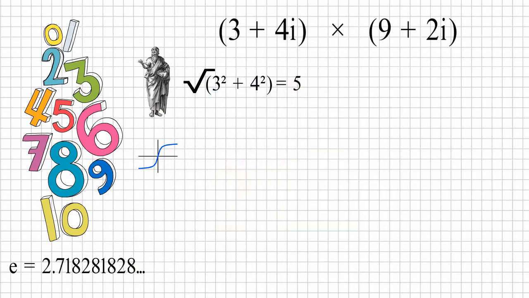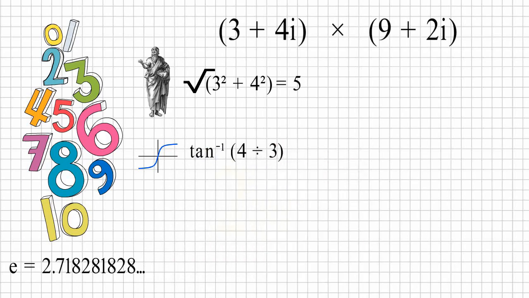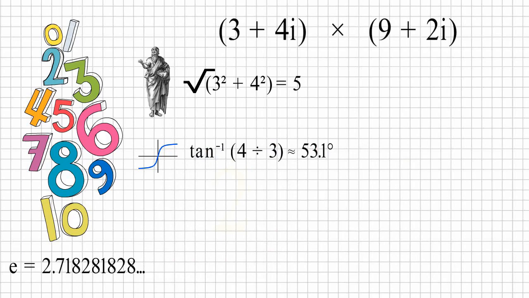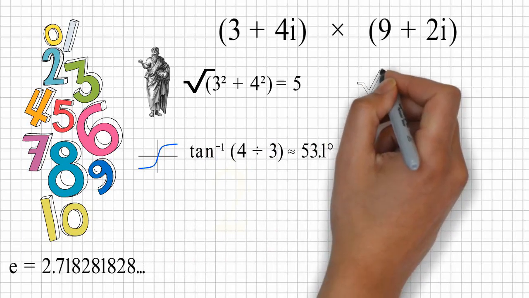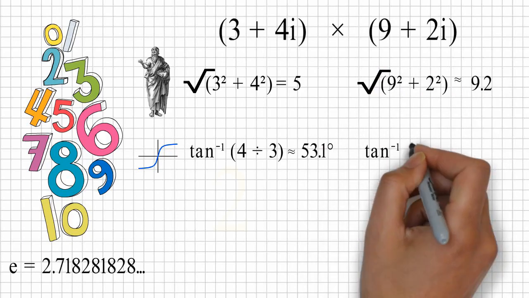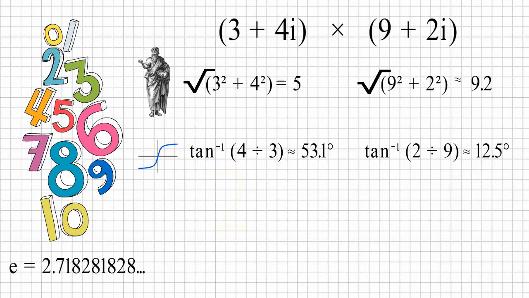The inverse tangent rule gives us inverse tan of 4 divided by 3 is roughly equal to 53.1 degrees. For 9 plus 2i, Pythagoras gives us the root of 9 squared plus 2 squared, which is roughly equal to 9.2. And the inverse tangent rule gives us inverse tan of 2 divided by 9, which is roughly equal to 12.5 degrees.